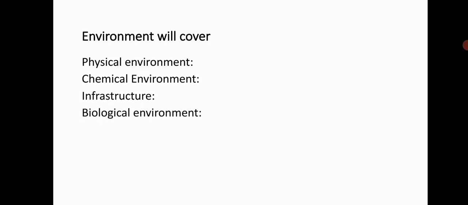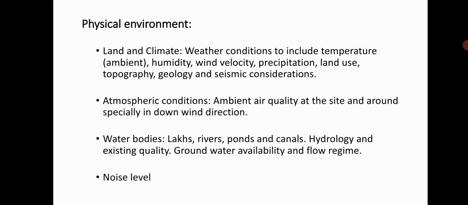So the environment includes four components: the physical environment, the chemical environment, the biological environment, and also the infrastructure. We know that land, climate, atmospheric conditions, water bodies, and noise come under the physical environment.